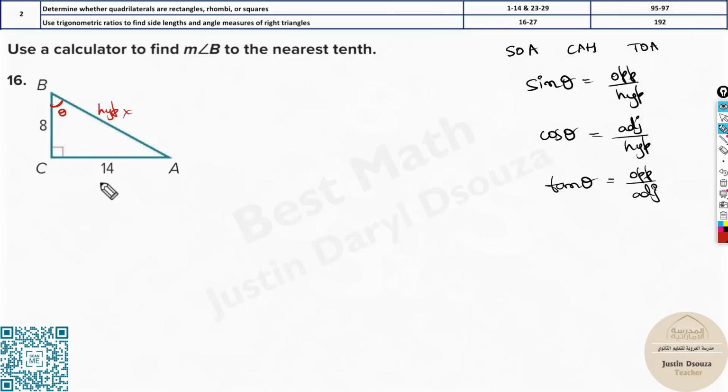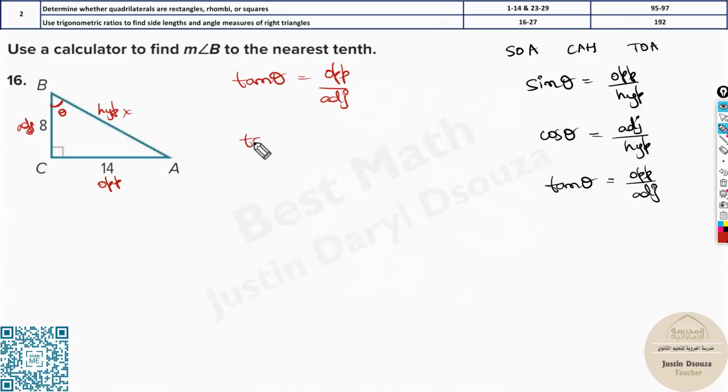What is opposite to theta? This one over here. And this is adjacent. So we are given adjacent and opposite, and we can't use the hypotenuse. So we use the tan theta formula. We write tan theta is equal to opposite by adjacent, and then we will just substitute.